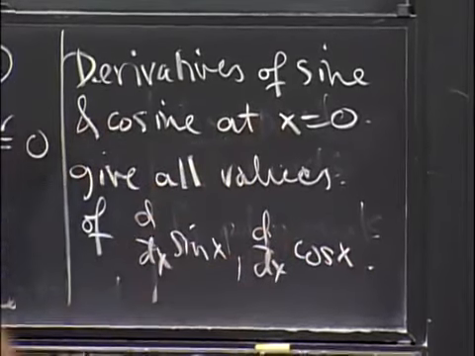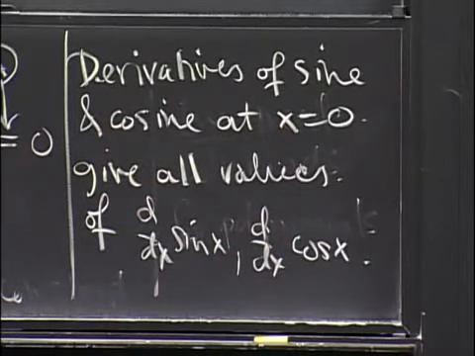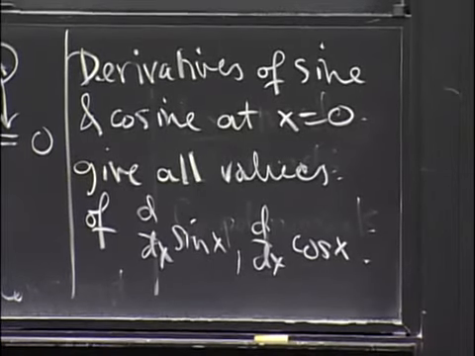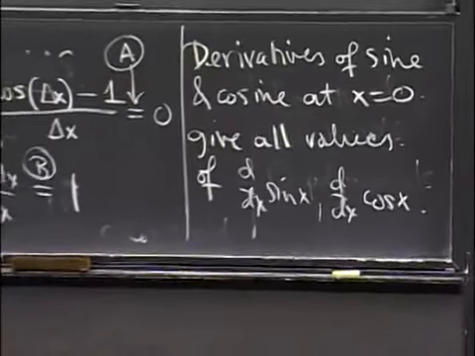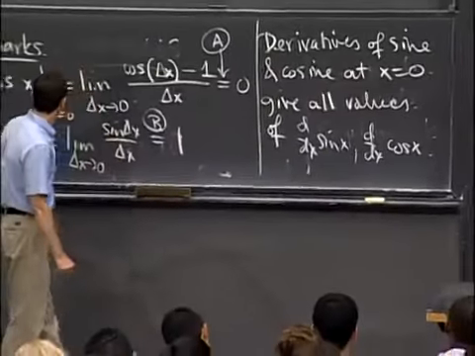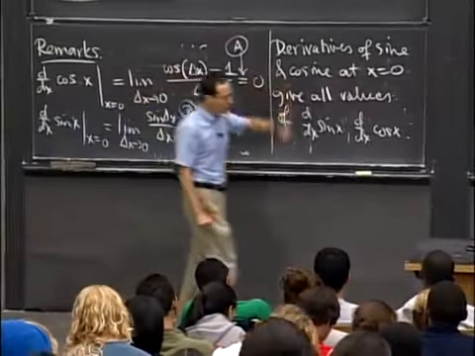So that's really what this argument is showing us, is that we just need one rate of change at one place, and then we work out all the rest of them. All right, so that's really the substance of this proof.